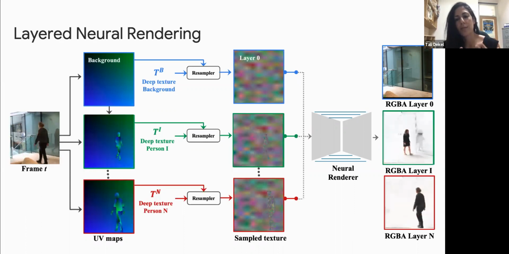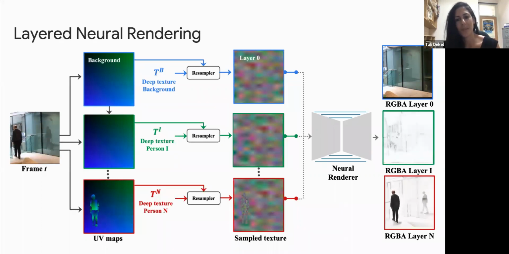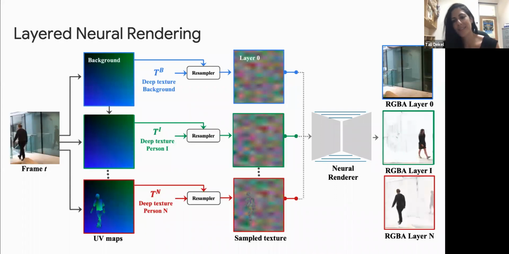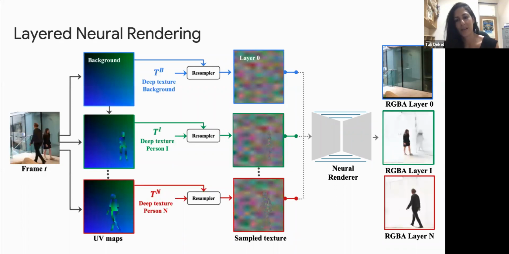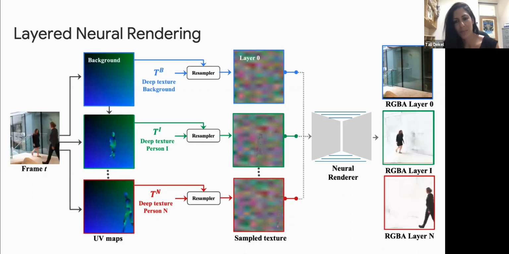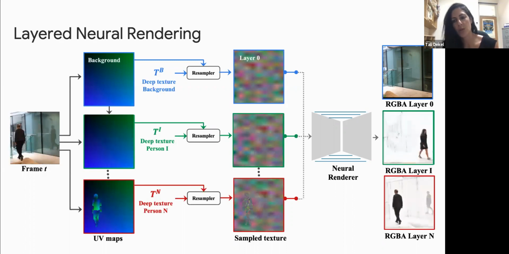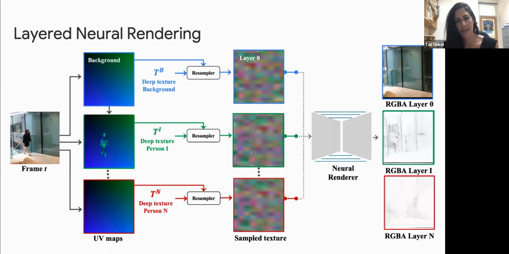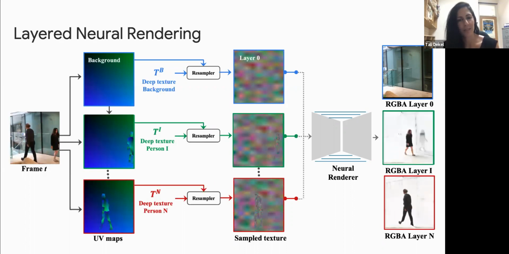So it is forced to place these details in some layers. It is forced to estimate those deltas and pick a layer and put them in that layer. But why does it manage to pick the right layer? Why does it manage to place the reflection with the person causing it? That's a question that we asked ourselves.